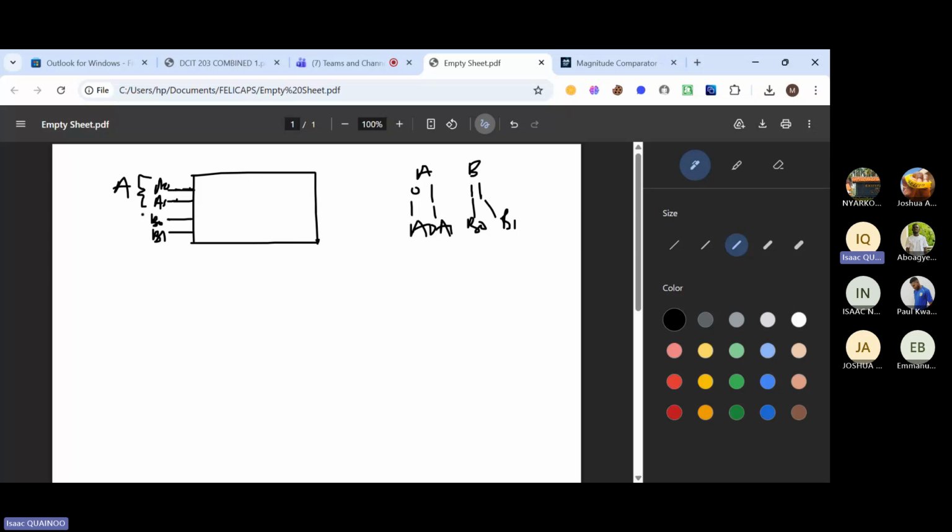So A0, A1, B0, B1 represent the respective bits of A and B. And then we know the output is going to be 3.